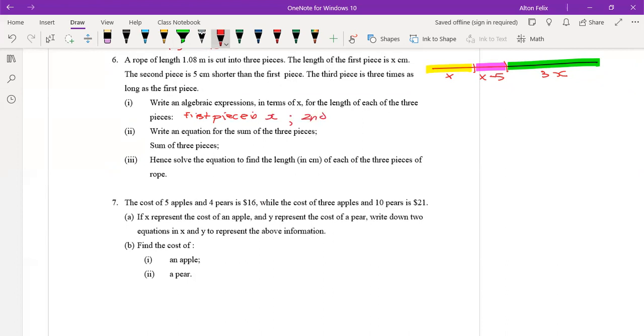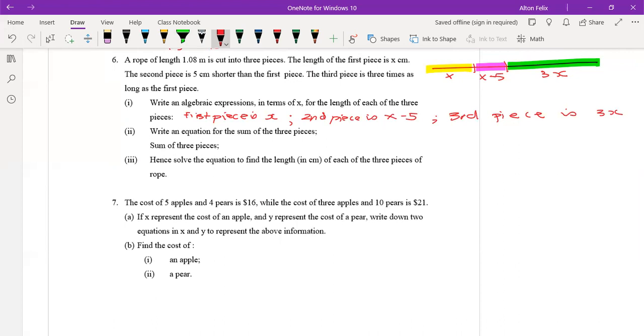Second piece is x minus 5. And the third piece is 3x. So that's the expression for each of the pieces.